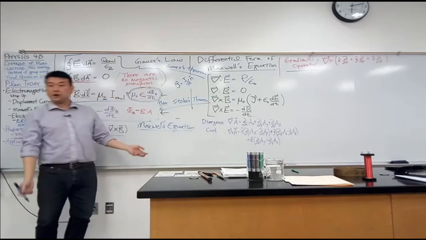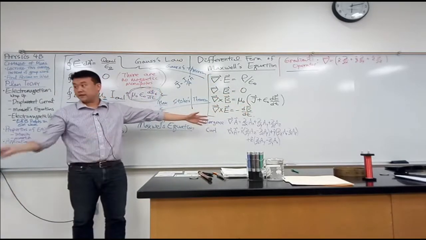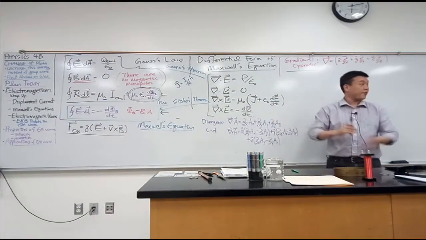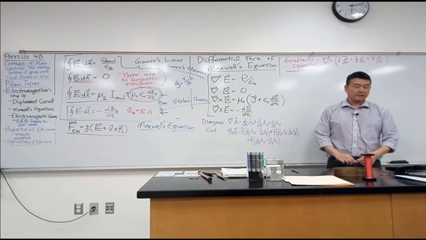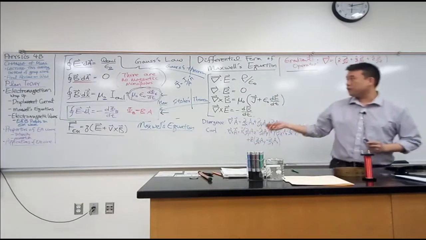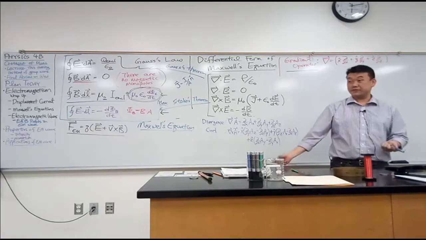So that's why this form is preferred. It's the simpler form. If you want to prove anything, it's a lot easier to start out with the differential form and then branch out from there. We use the integral form the whole semester because the assumption is that you haven't taken Math 3C.